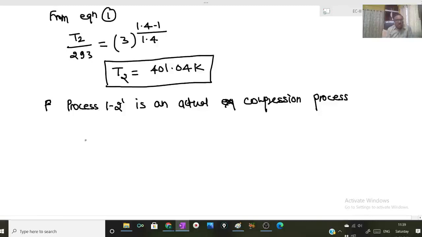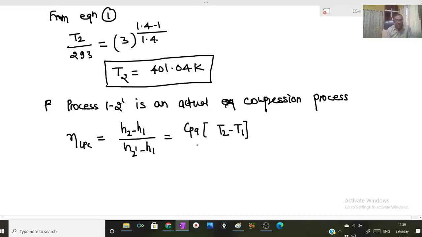When I am considering actual compression process, isentropic efficiency of LPC will come into picture, and that is (H2 minus H1) over (H2 dash minus H1), which is Cp_a (T2 minus T1) over Cp_a (T2 dash minus T1), and this is equal to 0.8.